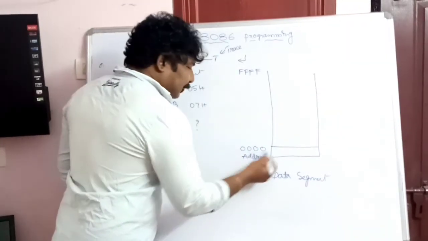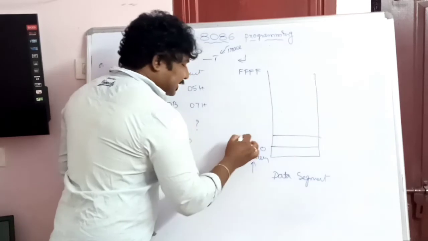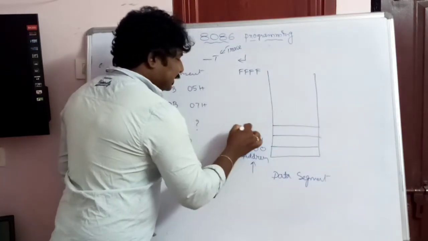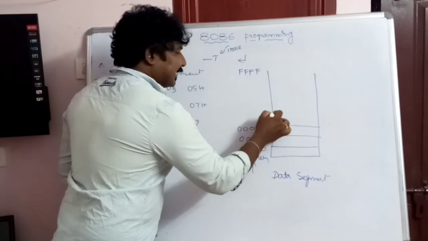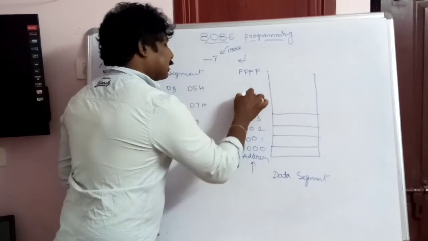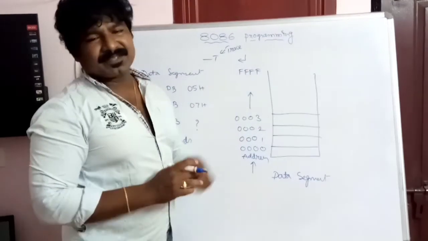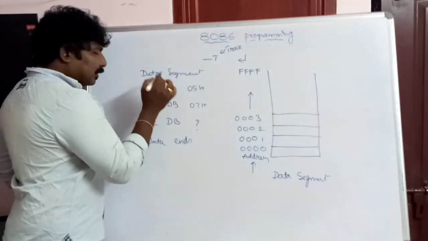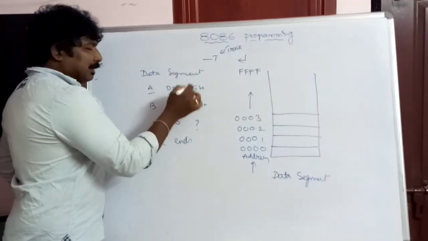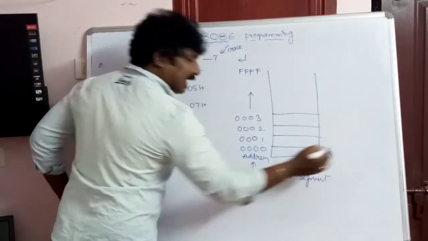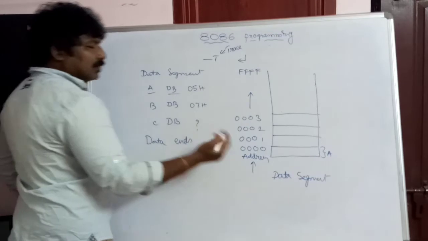This is the 4 zeros, and the next byte address is 0001, and the next is 0002, and the next is 0003, and it goes on until 4 Fs is reached. In this data segment, you have declared a variable called A with a DB. That means 1 byte is allocated for A, and you have initialized the value 05.